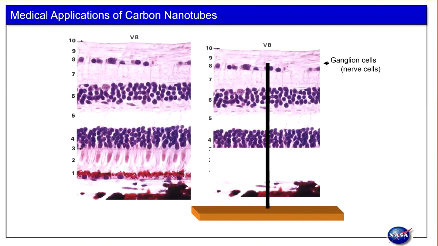So what you're seeing here is a very simple schematic diagram of a silicon chip depicted in orange, with a single tower or a single electrode made of carbon nanotubes that spans that distance through the retina and potentially delivers optical signals where they need to be to help restore vision in patients with macular degeneration. Next slide, please.